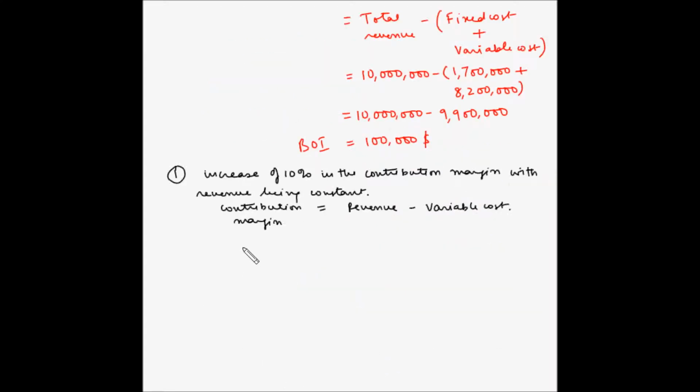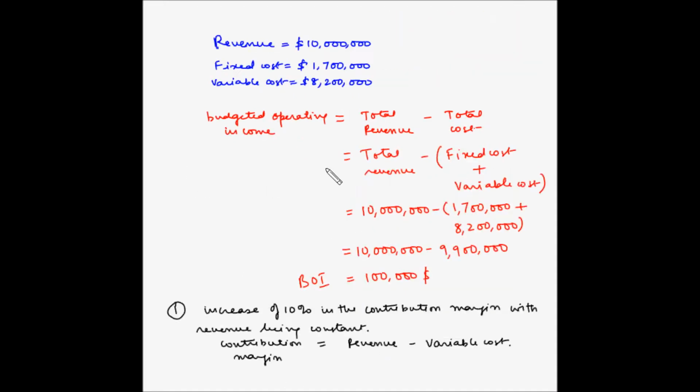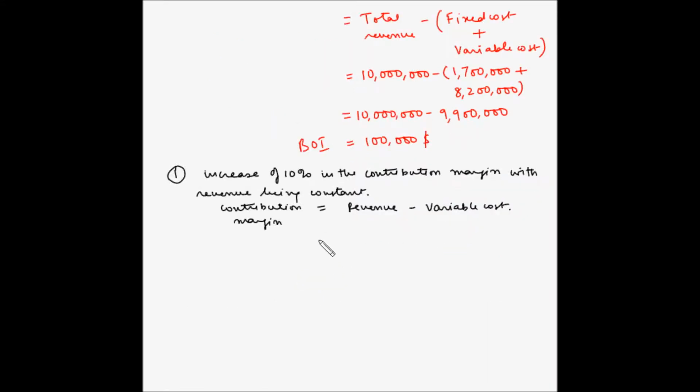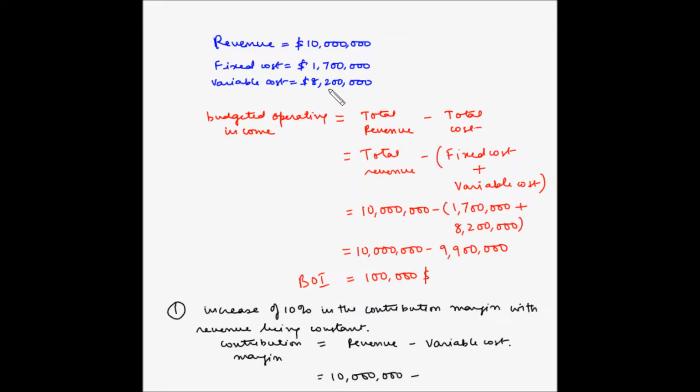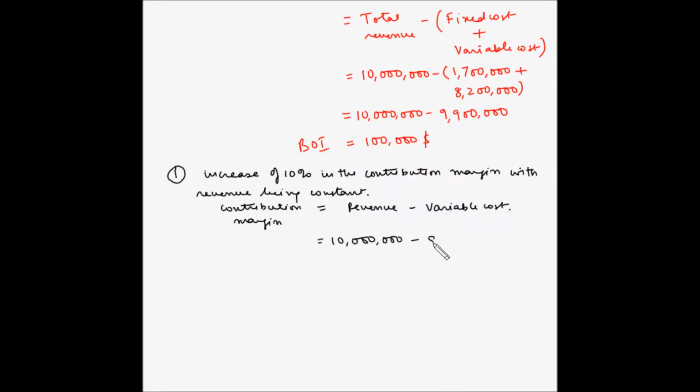Now in our case, revenue is given as 10 million and variable cost is given as 8.2 million. So this is equal to 1.8 million dollars.